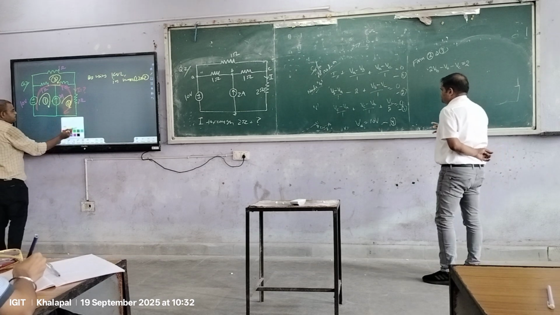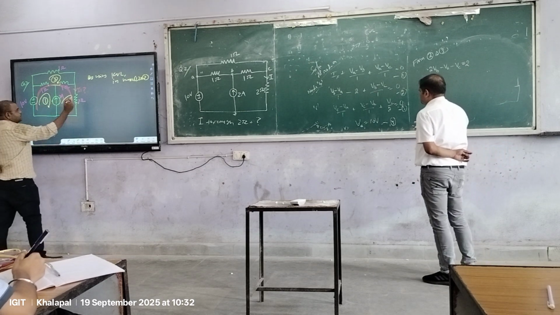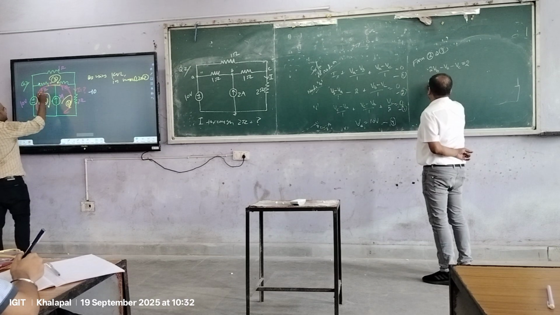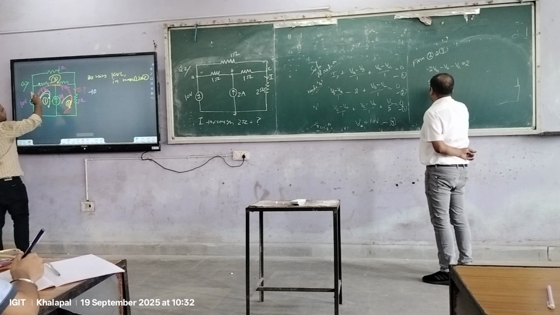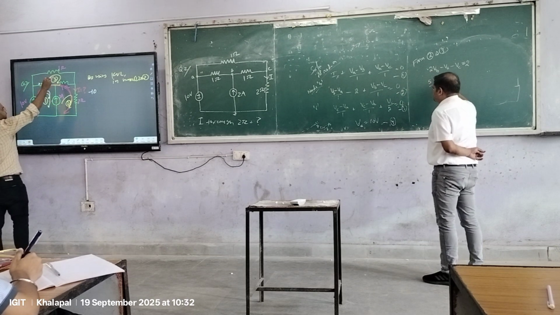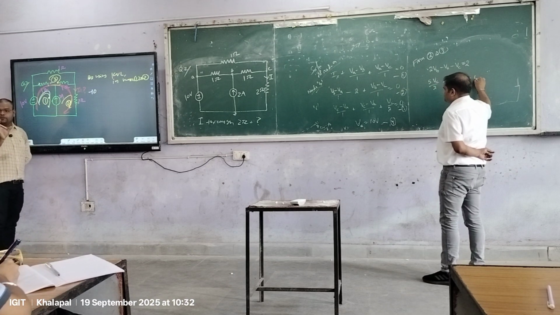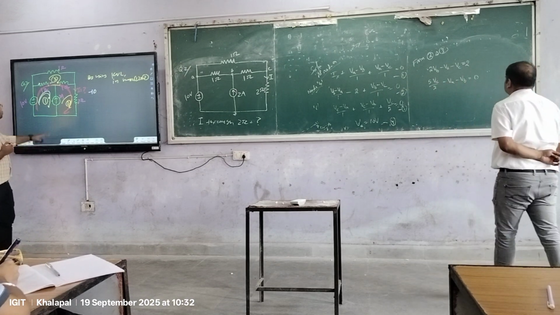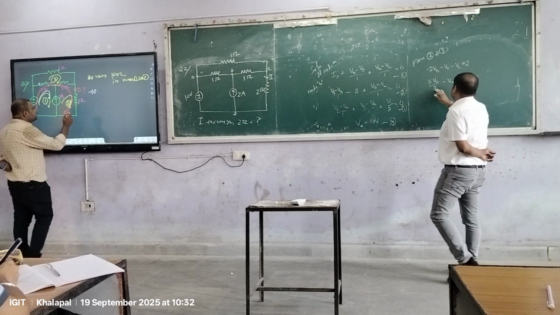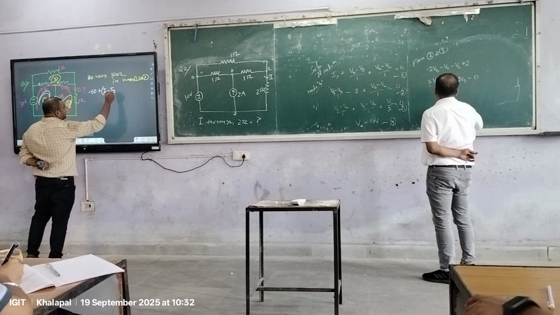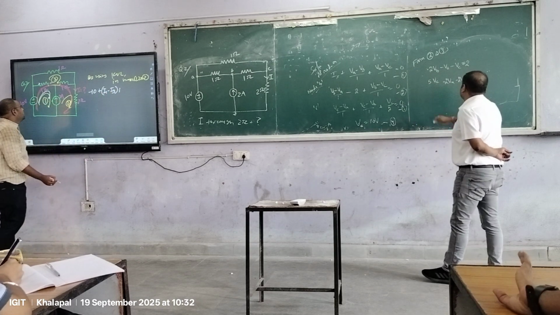Starting from here, minus to plus, minus 10. Then what is the voltage drop across here? I1 is clockwise and I3 is anti-clockwise, so the net current will be I1 minus I3, into 1.